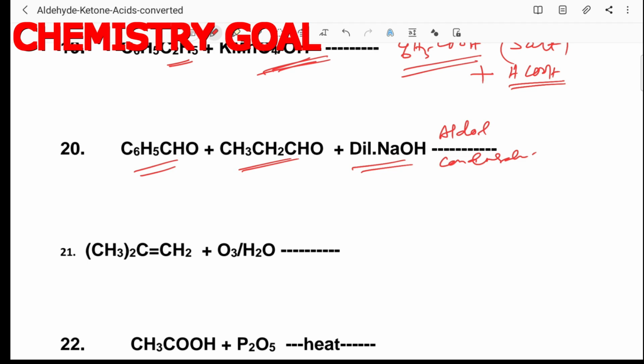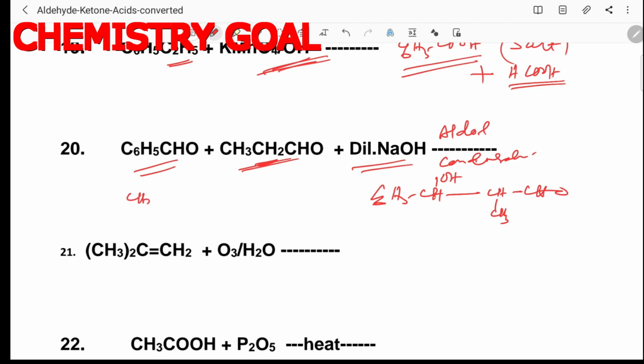Here the main nucleophile will be here, it loses hydrogen from here, so attacking side is C6H5CH, then O becomes OH, then CH3, then CHO will form. How is this formed? Already in the first step you see the mechanism.